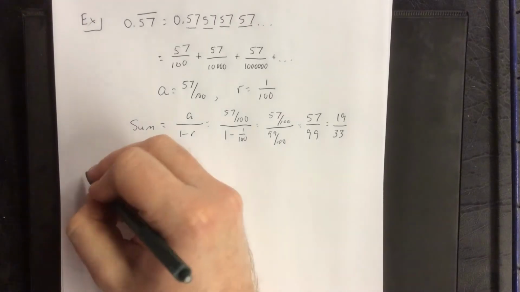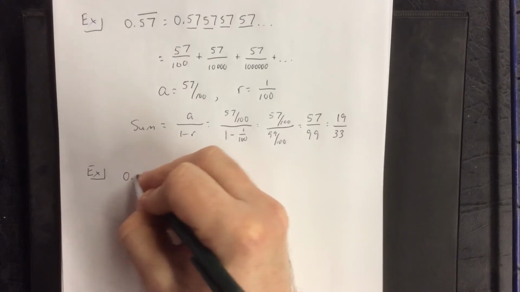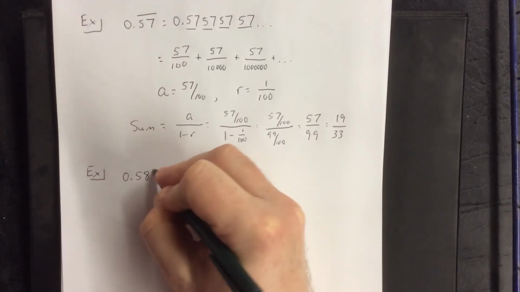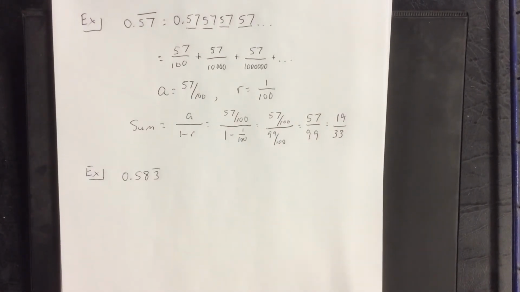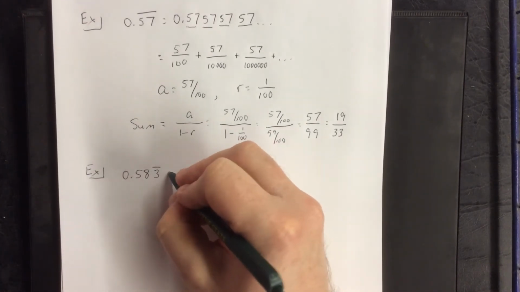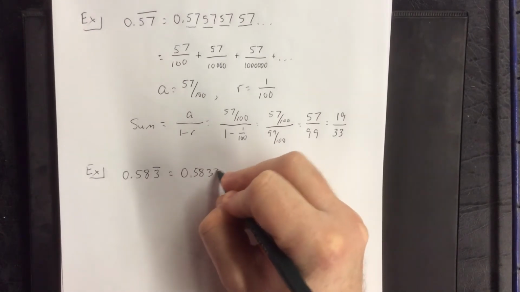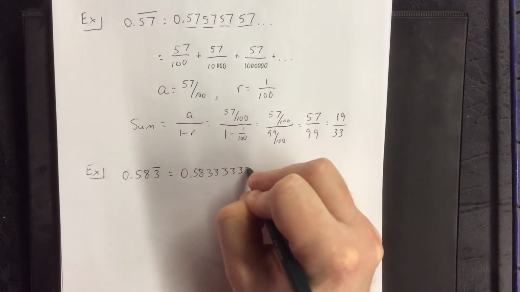Now, it's also possible on problems that you'll have a portion of it that is repeating and a portion that is not repeating. For example, 0.58 followed by a repeating 3. What I would do in this case is separate out the non-repeating part and the repeating part.